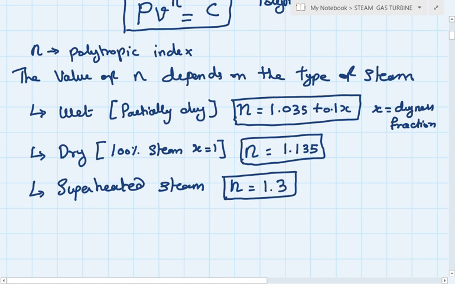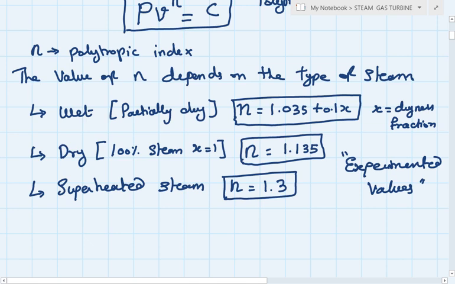All these values of n are experimental values, which work successfully in the practical application of steam nozzles.